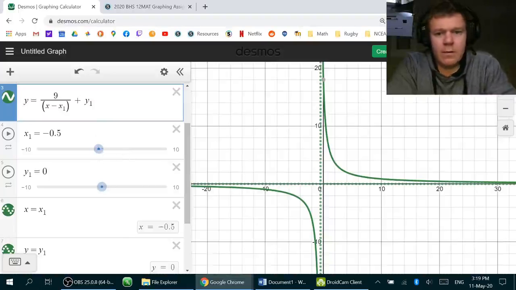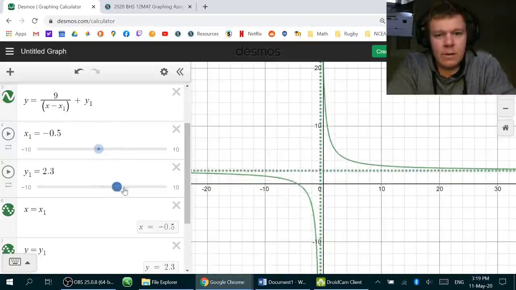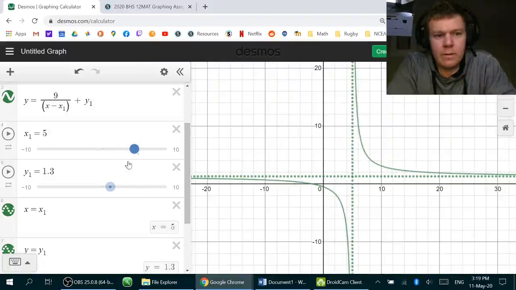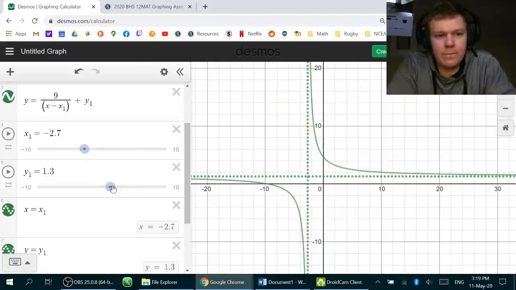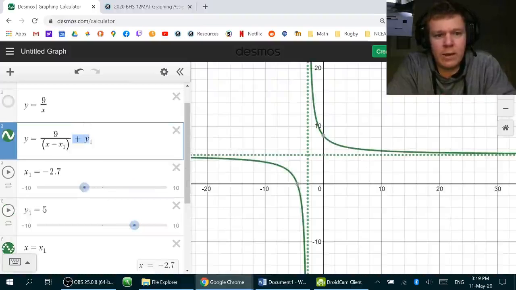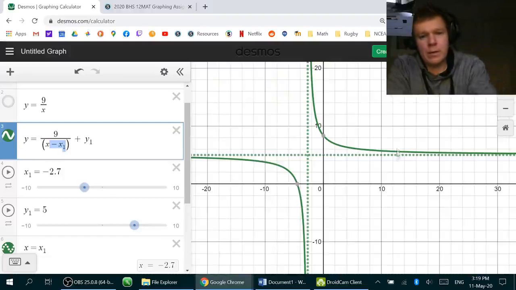Yeah, so that didn't actually change our hyperbola. If we have, say, y is 5, it's bumped it up by 5. So that's why you get y as a plus and x1 is a minus. Really it's a minus, but it should be over there with the y.